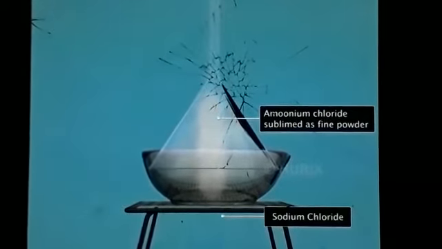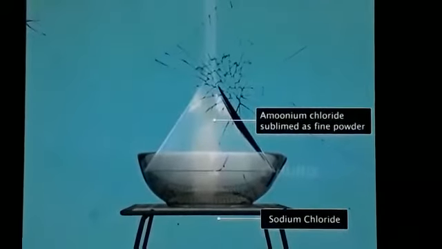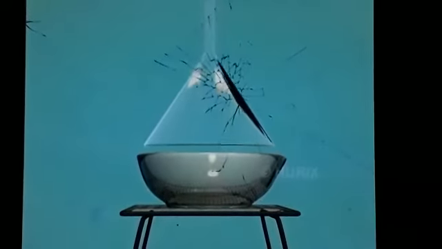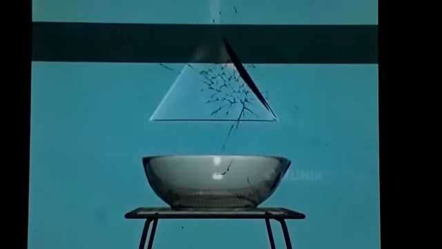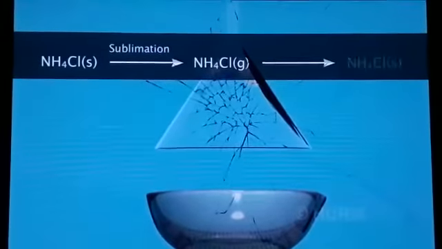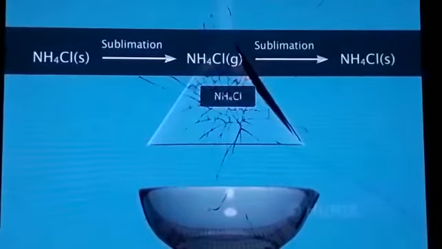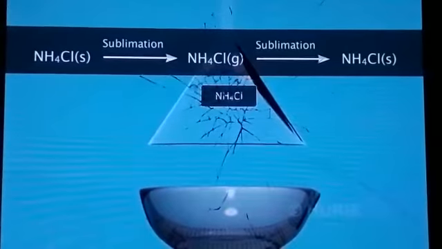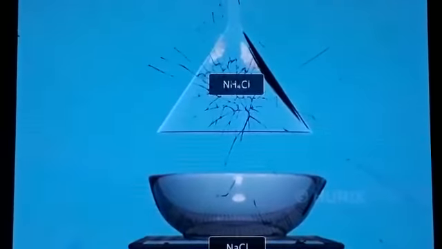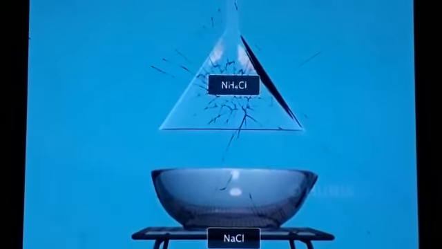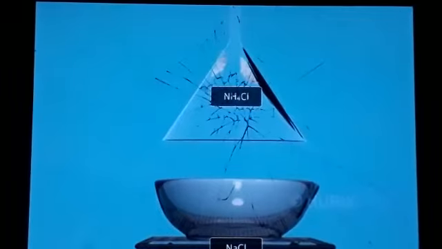Can you see fine white powders deposited near the stem of the inverted funnel? Vapor becomes a fine white powder and deposits on the cooler side of the funnel kept over the pot. Sodium chloride does not sublime and is removed from the porcelain pot.